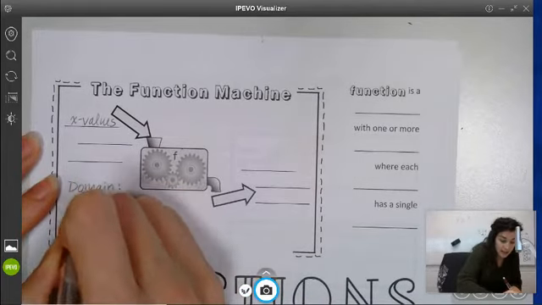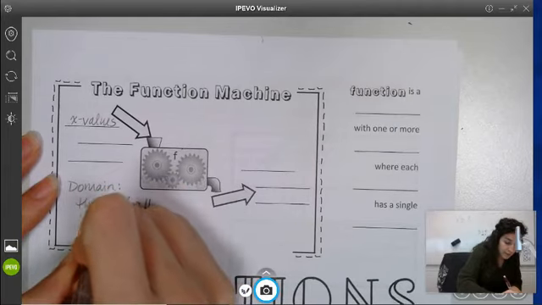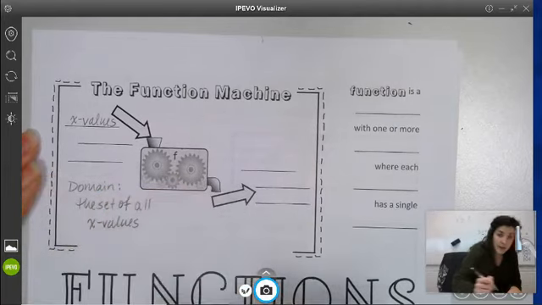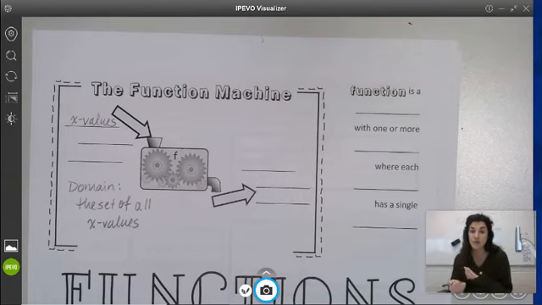So everything that we can put in for the x values would be encompassed within our domain. There are a couple situations that we look out for when we can't plug in x values, and we'll talk about that at the end of our lesson today. But mostly we're looking at fractions because we can't have zeros in the denominator, and we're looking at radicals because with graphs, we can't have a negative inside our square root.